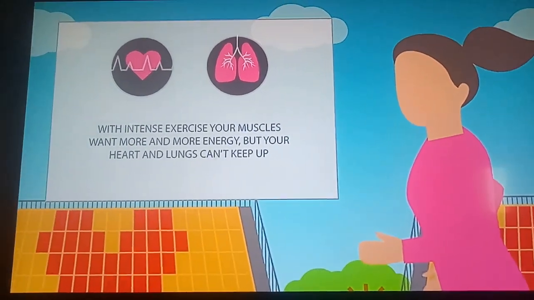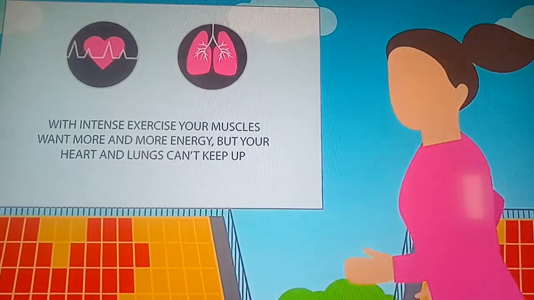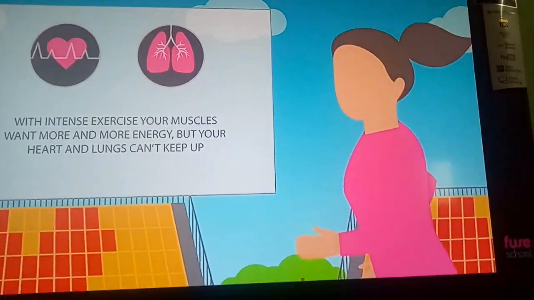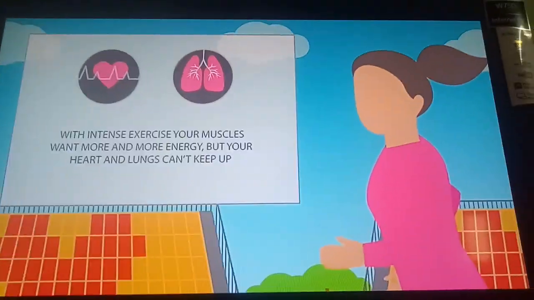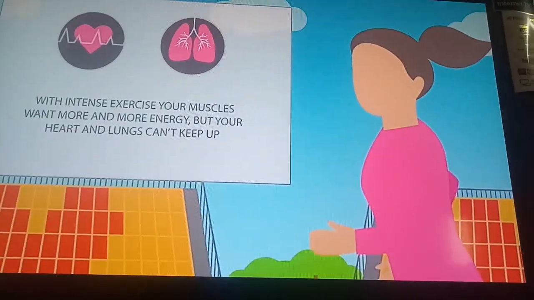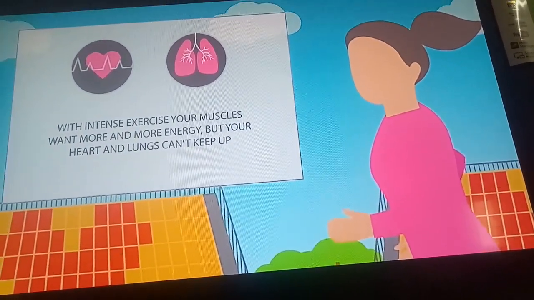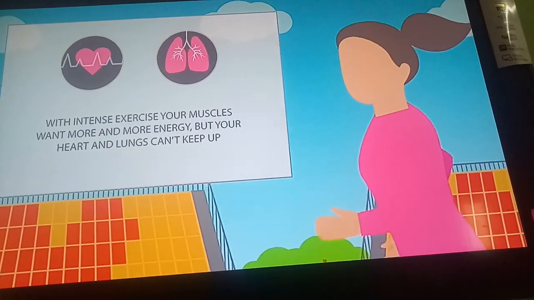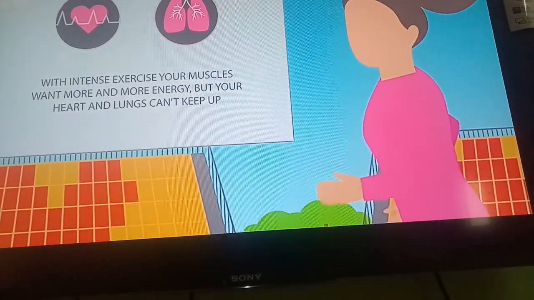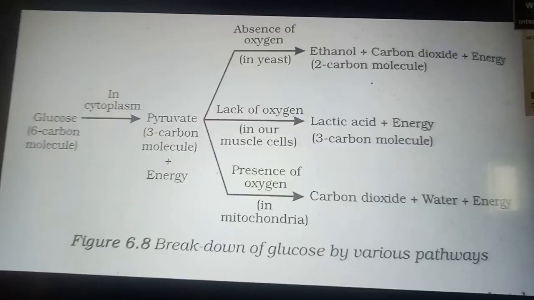The byproduct produced is lactic acid, and that's why we feel pain in that muscle part. Suppose you are running and suddenly there is a sprain in your leg. This is because in that part of the leg anaerobic respiration was carried out, which produced lactic acid, and that is why we feel that pain or sprain. That pain can be removed when enough oxygen again goes into that part of the cells.